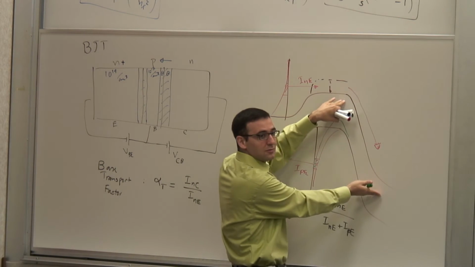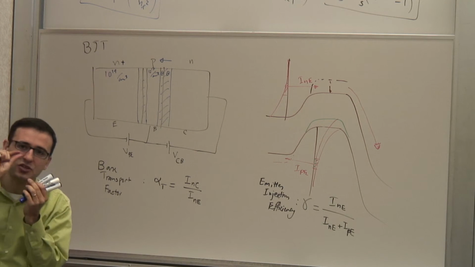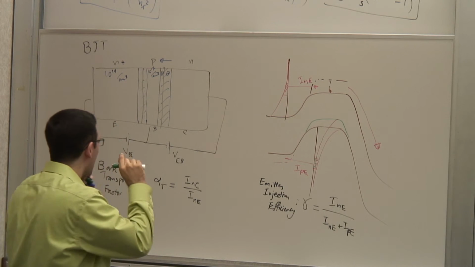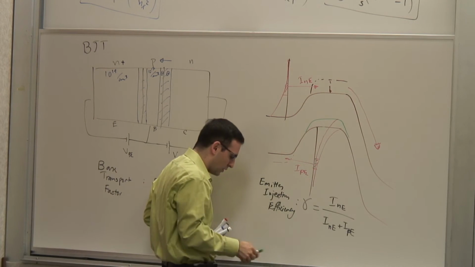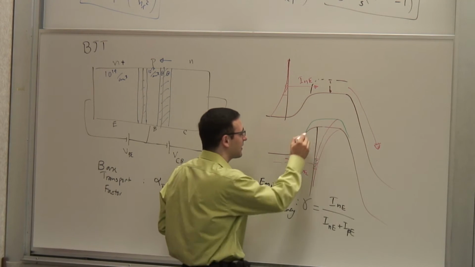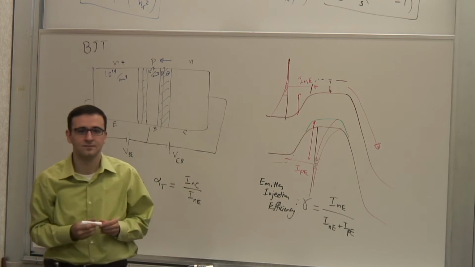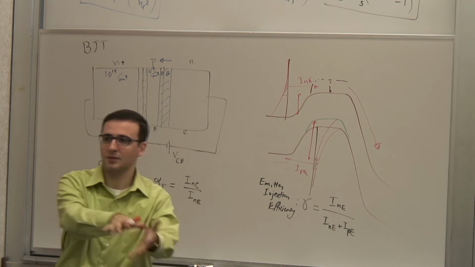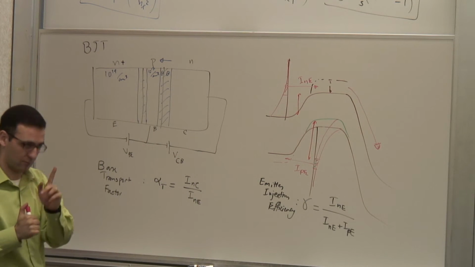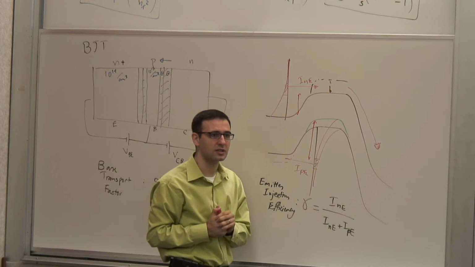I mean, on this side it's quite a few volts. But you need only a slight difference between the potential barrier that the holes see and the electrons. That's what we've done, right? We made the potential barrier larger on this side than this side. So it's easier to move from this side to that side, but it's harder to move from the other side to this side. And what that does, it effectively improves your emitter injection efficiency.